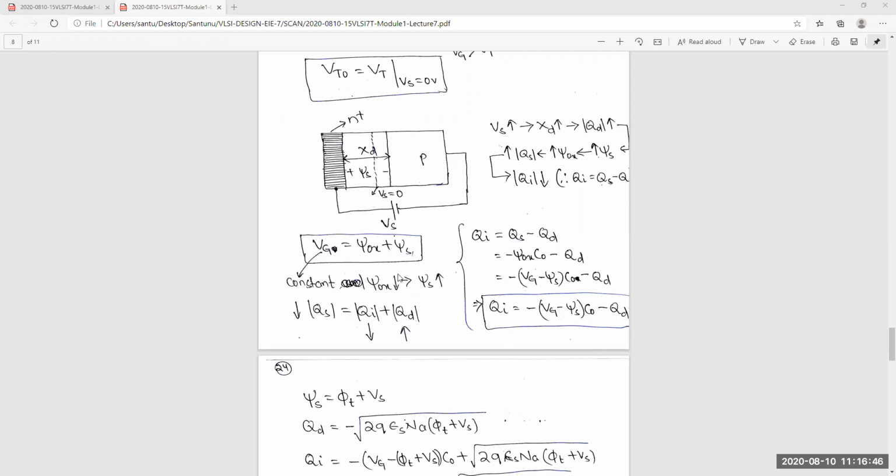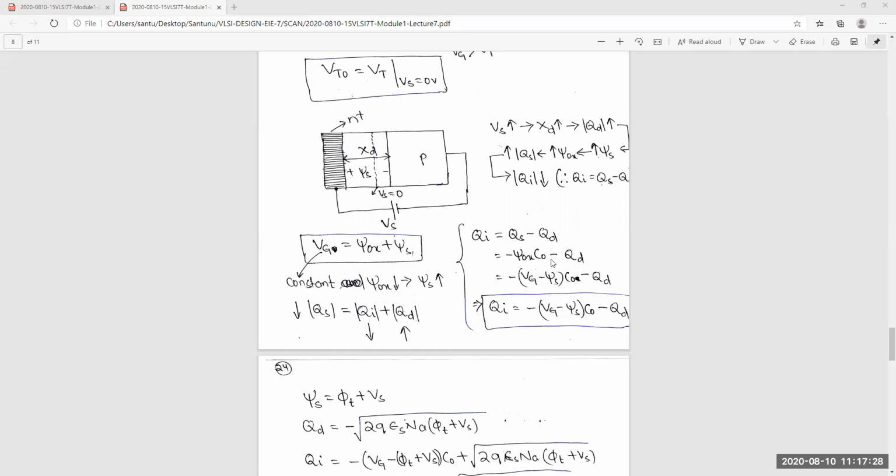So phi OX is related to phi S. Though phi OX decreases, that means this surface charge also decreases due to this phi OX. Qi, the inversion charge, is Qs minus Qd. Though Qs decreases and Qd increases, Qi also decreases. The inversion charge decreases.